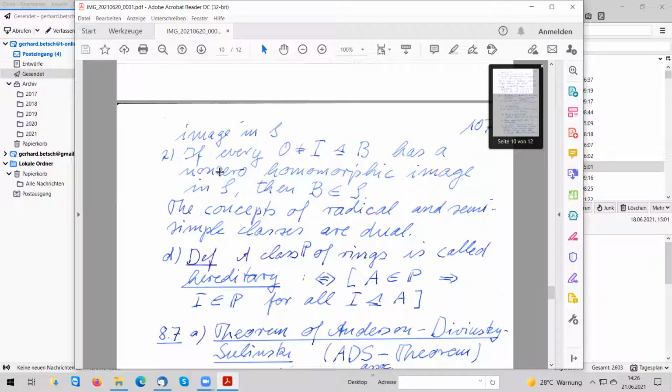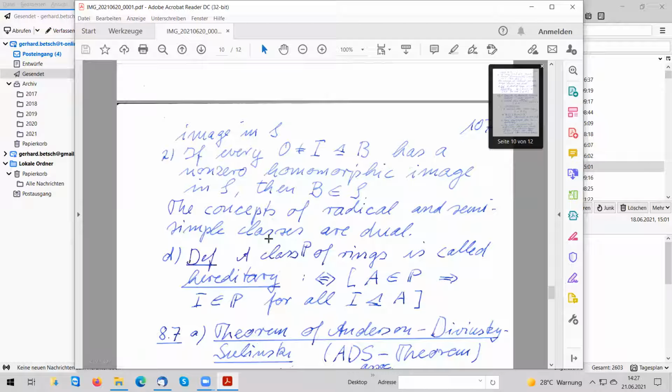Now a class P of rings is called hereditary if the following implication is true: if A is in P, then every ideal I of A is in P. It's hereditary down to ideals.